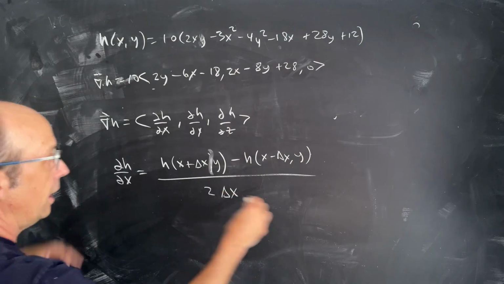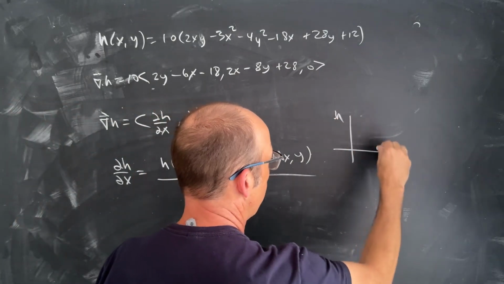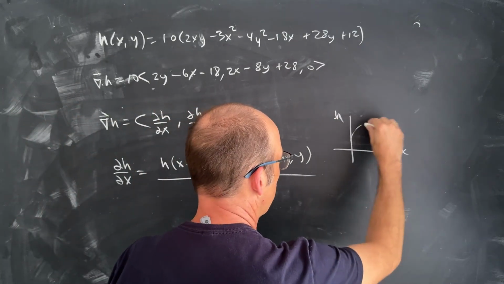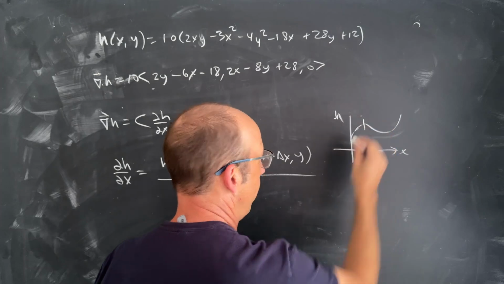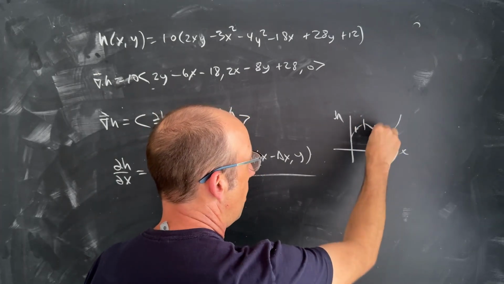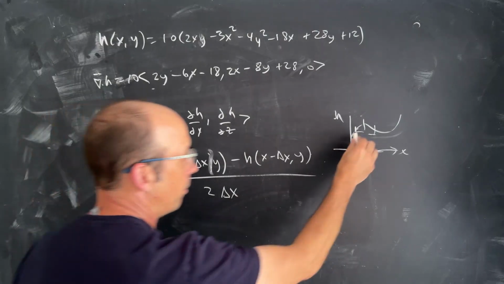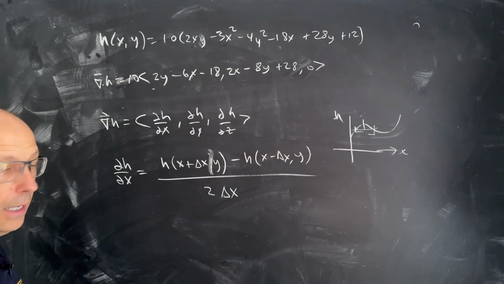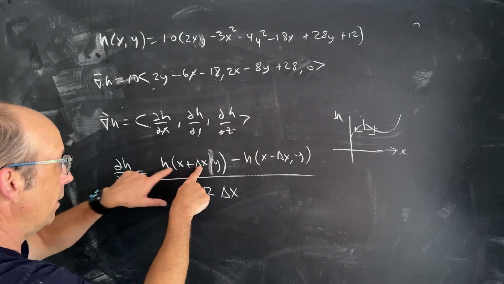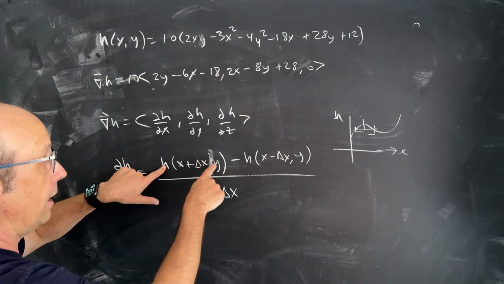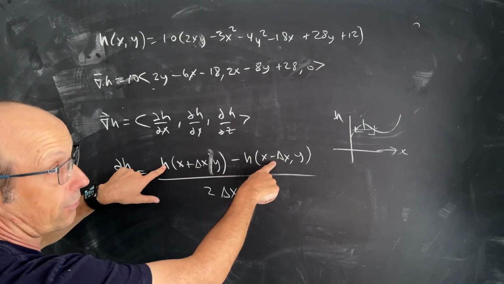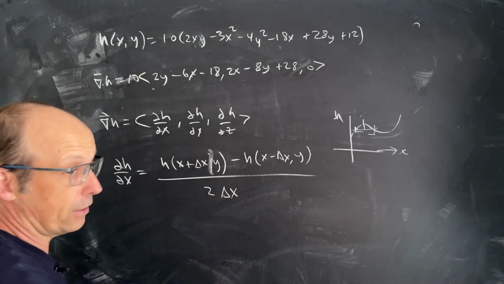Right? So this says if I have some function h as a function of x, and it goes like this, I'm going to say, well, if I want to find the derivative there, I'm going to go back and forth a little bit, delta x, and then find the slope between those two, and that would give me my derivative. So I'm going to add a little bit to x for my function h, and then I'm going to subtract a little bit from x for my function h, and then divide by 2 delta x.